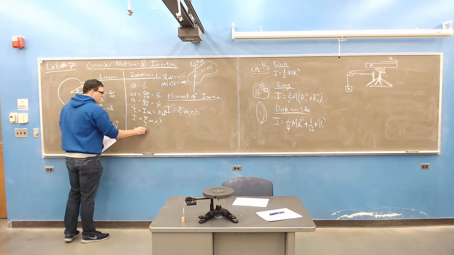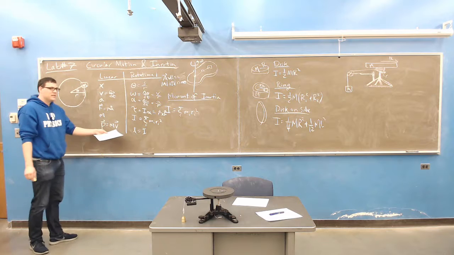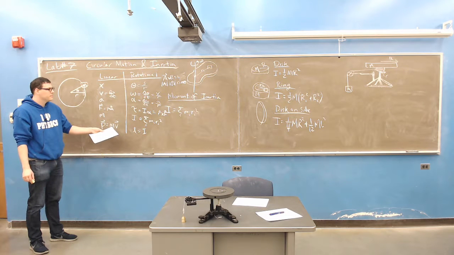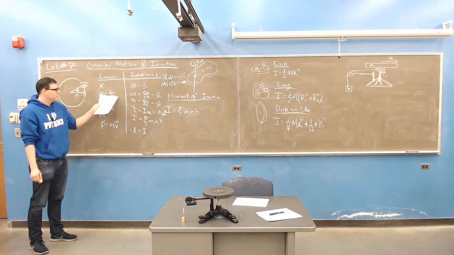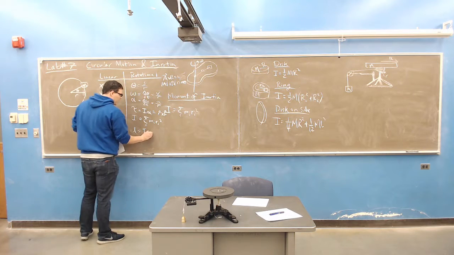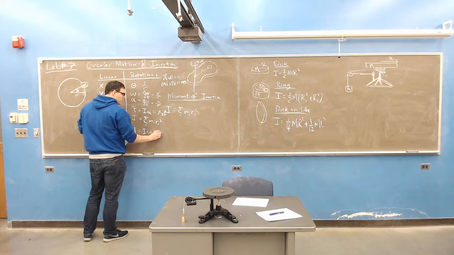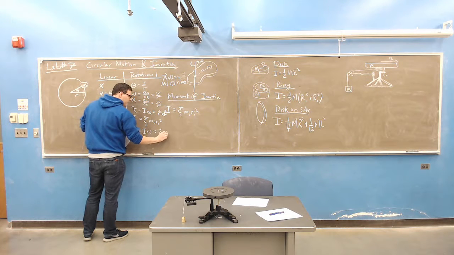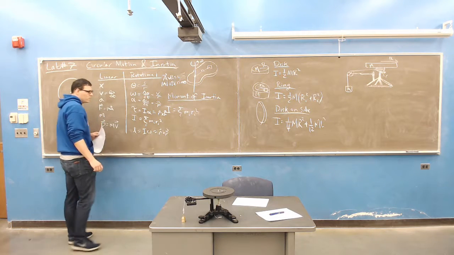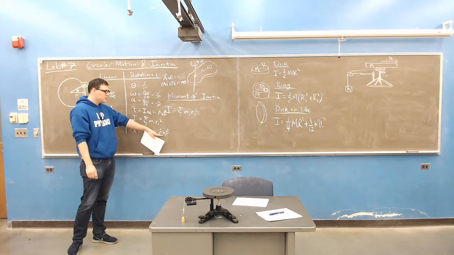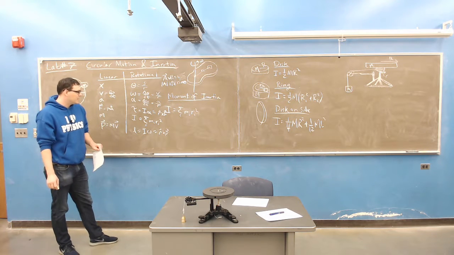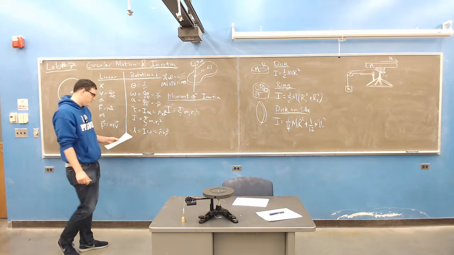I, the moment of inertia. What's analogous to the velocity? Omega. So L equals I omega, and it's also equal to r cross p, where again this is the cross product, so it adds a little sine theta in there.